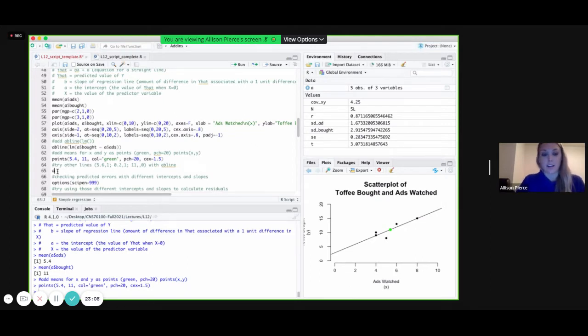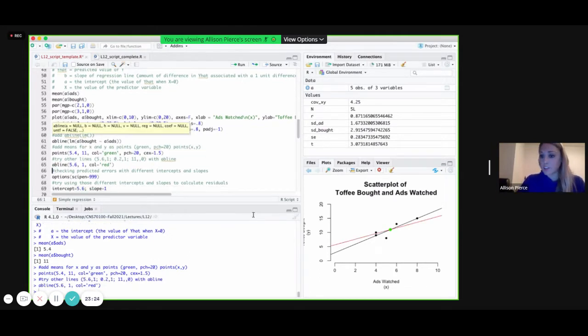So let's try a line at 5.6 and 1, giving it our X and Y coordinates, and I'm going to color this one red, for example. So I could try a line here, and this one also intersects our mean, right? So we could do a whole bunch of different lines here. And this is essentially the code that creates that graph that I have in the PowerPoint. So if you're playing around and you want to go back and create it.